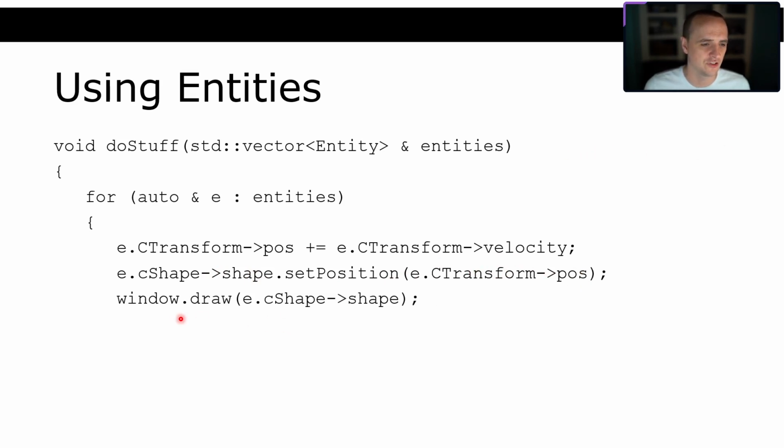And then all we have to do is say window.draw, and then we get the shape from our shape component. And that's it. So these 4 lines of code are how we go through all of our entities. We get the speed of the entity, we add it to the position to update its position, and then we set the position of the shape, and then we draw the shape. Okay.